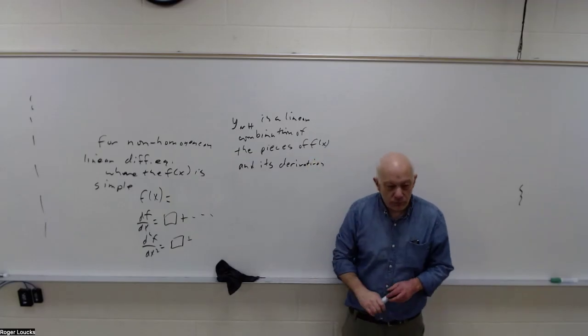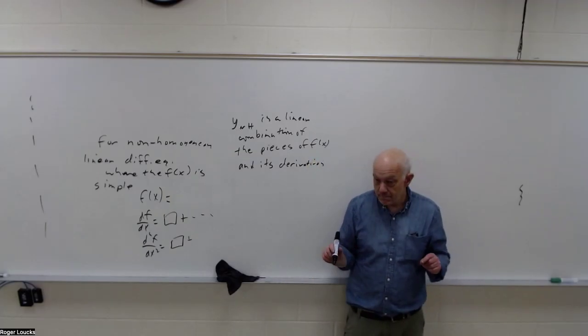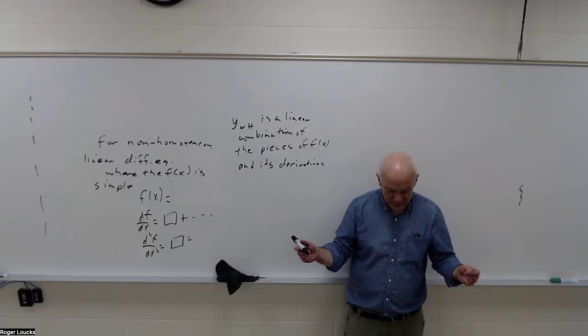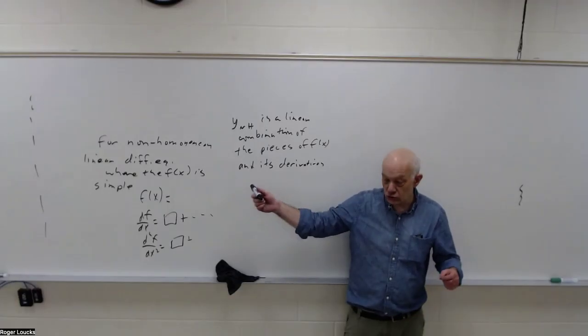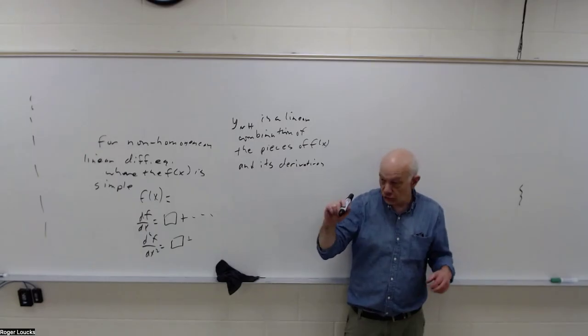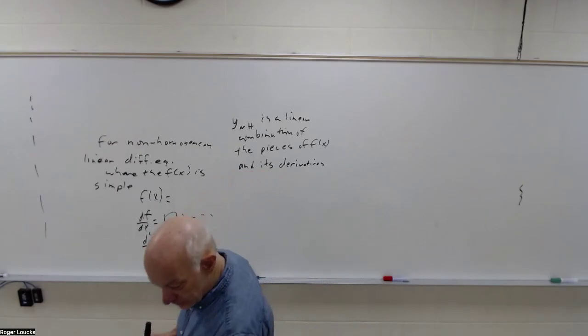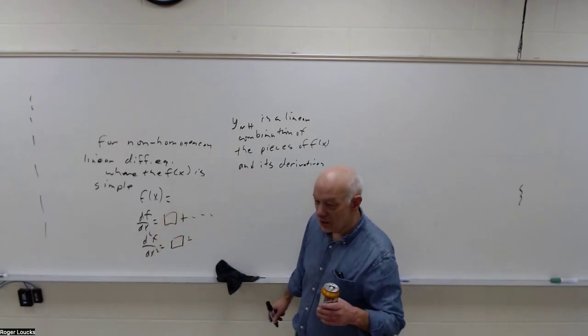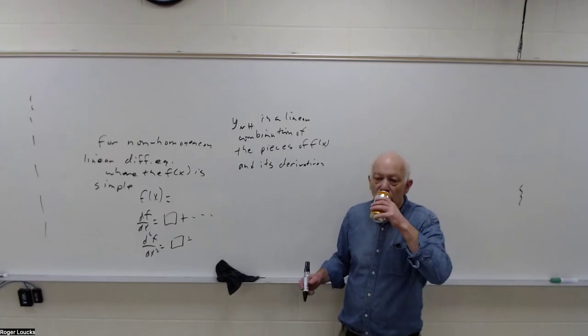Then we need to determine the coefficients, so we take all the unique pieces multiplied by a coefficient. You put it back in the differential equation, and by putting it back in there, you can determine what those coefficients are. This method is called the method of undetermined coefficients. That makes sense?